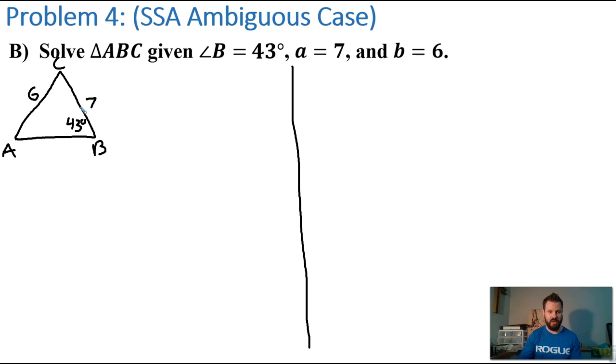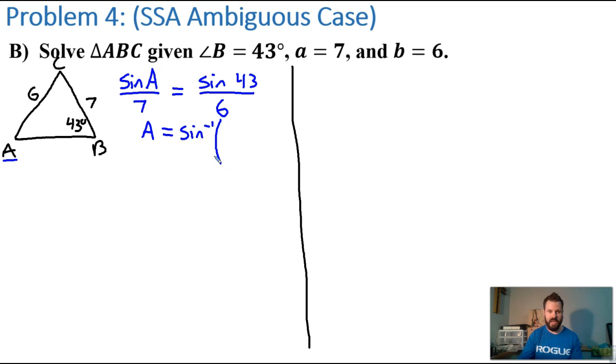Okay, first thing I can solve for here is going to be my angle A. Since I have the side across from it, I can solve for that. So I'm going to say we have sine of big A, which we don't know, over 7, is equal to sine of 43, which is big B, over little b 6. I'm going to jump right to what I'm plugging in my calculator here. A is equal to the sine inverse, because I'm solving for an angle.